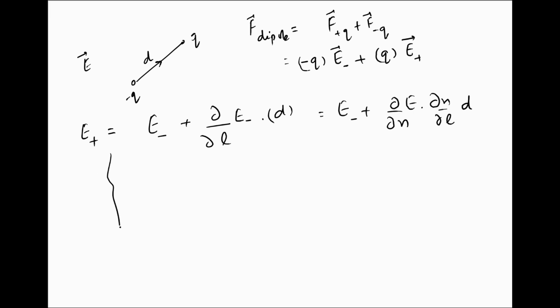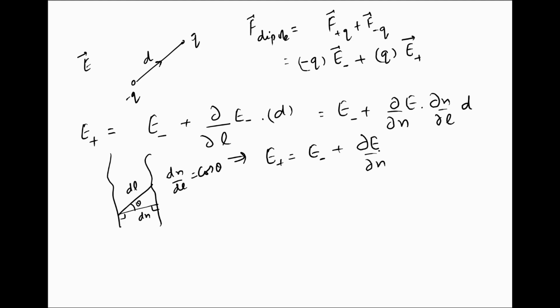Now let us say these are two surfaces. This is the normal between them, and this is dL, and this is angle theta, and this is dN. So you see that dN by dL is equal to cos theta. So I can write E at plus charge is equal to E at minus charge plus ∂E/∂N cos theta into d.